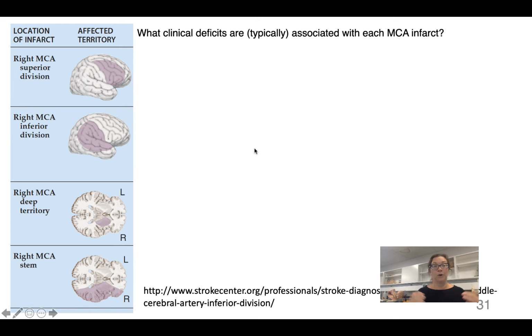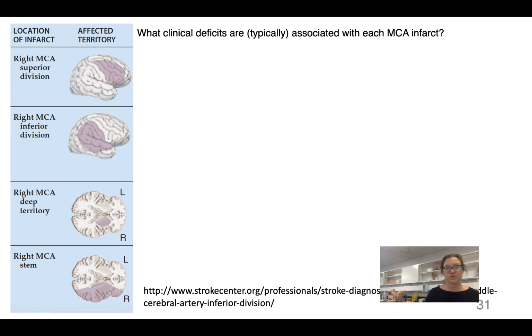You might hopefully be able to predict what deficits are involved. So primarily with the superior division of the MCA, you're wiping out a large swath of lateral primary somatosensory and primary motor cortex.